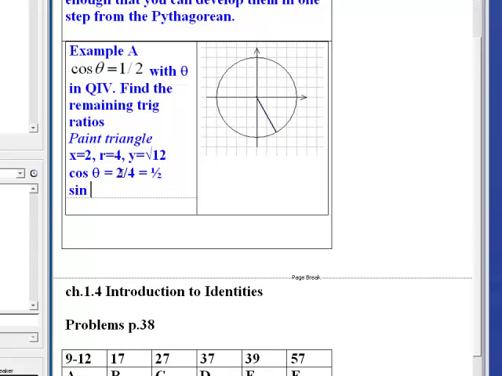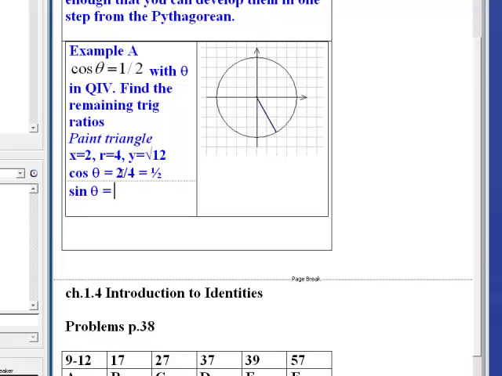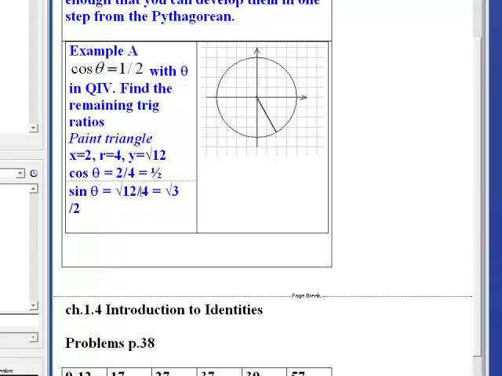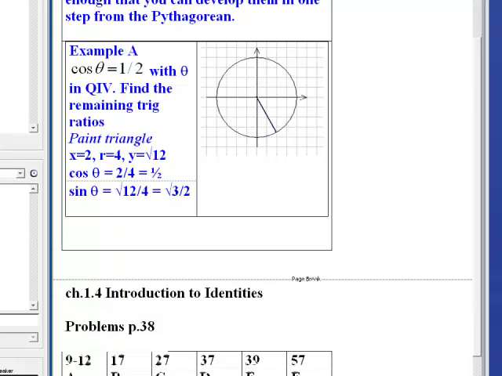Then sine theta equals y/r, so square root of 12 over 4, and if we take that apart a little bit, it's going to be the square root of 3 over 2. You can easily check that. So square root of 3 over 2. Notice that the square root is only above the 3. Yeah, you can just do that easily on the side.